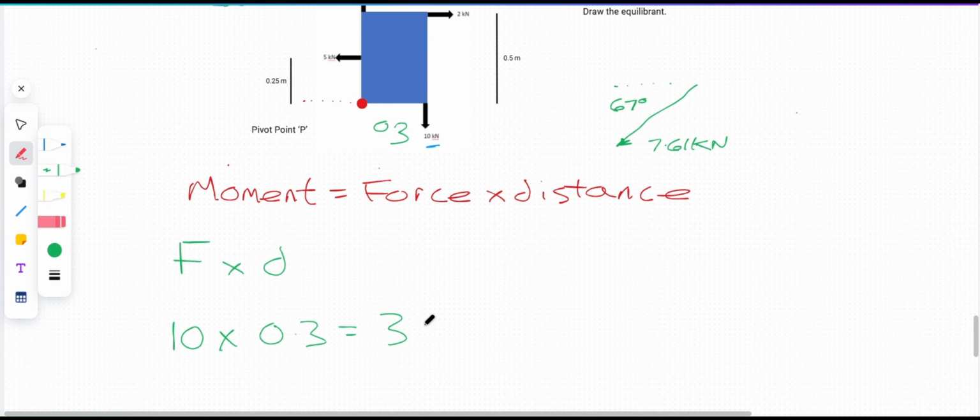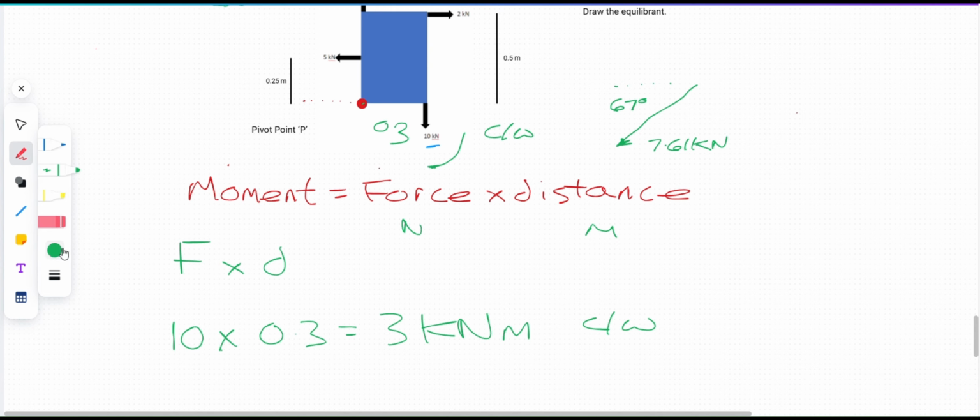It's kilonewtons, so it's going to be kilonewton meters, because force is in newtons, meters. We're just in thousands here, so 3 kilonewton meters. That force is going to make this thing spin about that point clockwise. Leave it plus.